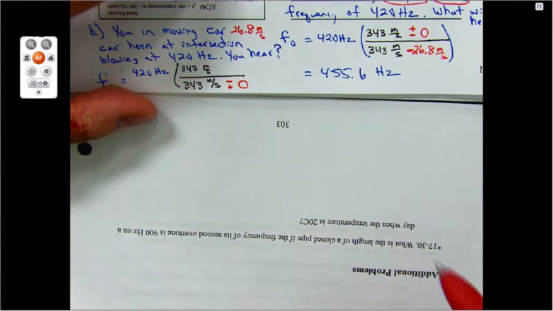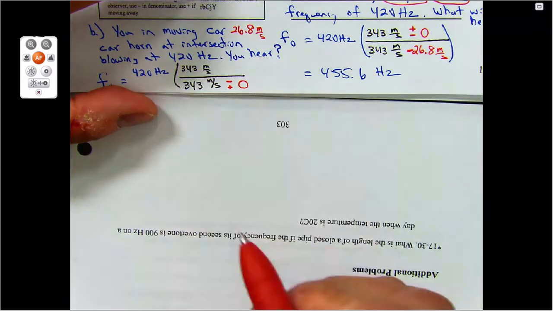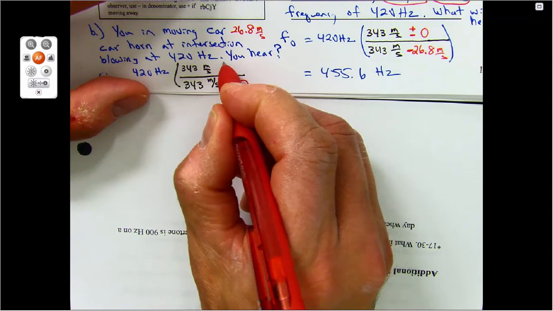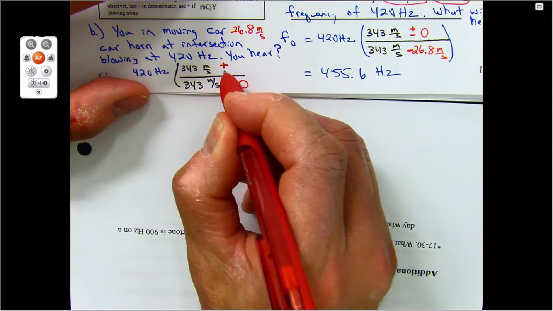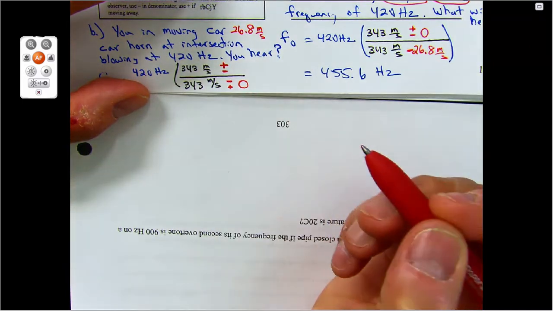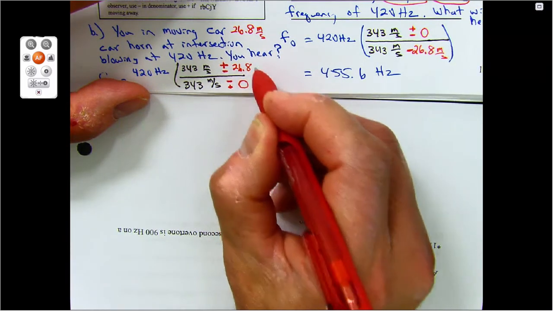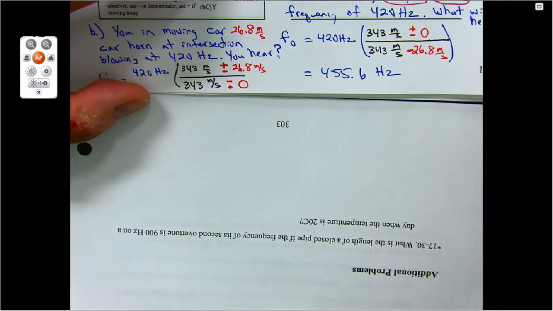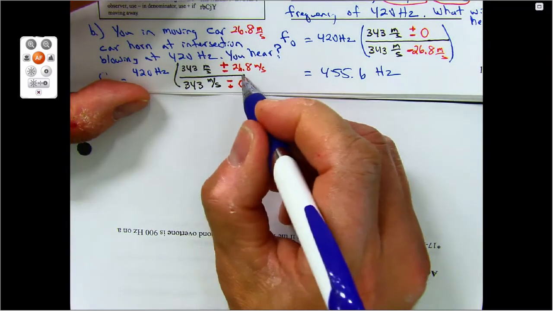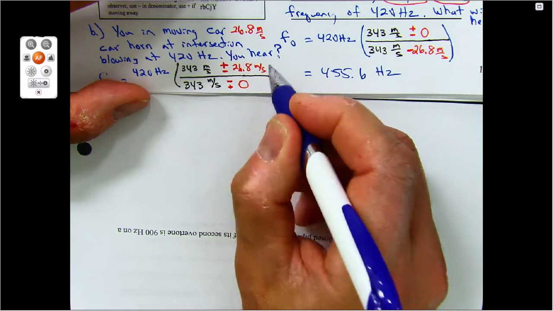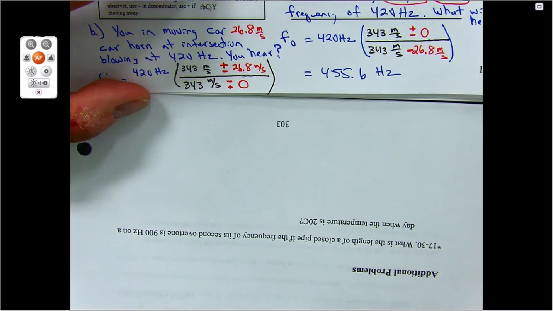I'm going to put plus and minus both in here, and I'm going to keep track of this. 26.8. We don't need any distance. No distance in this equation.